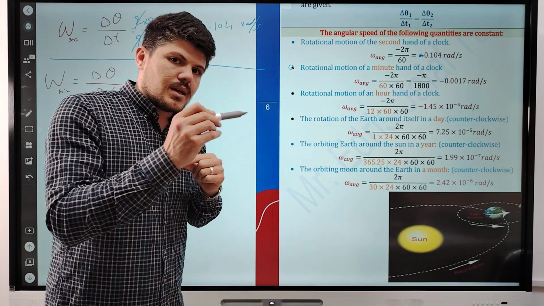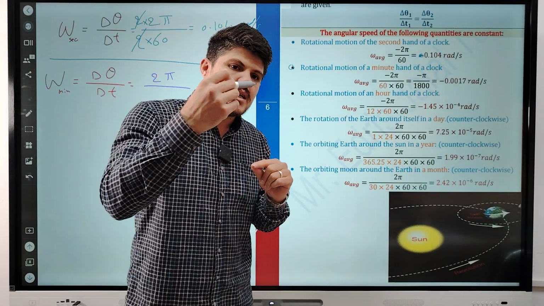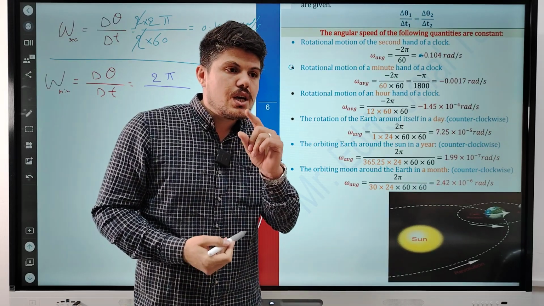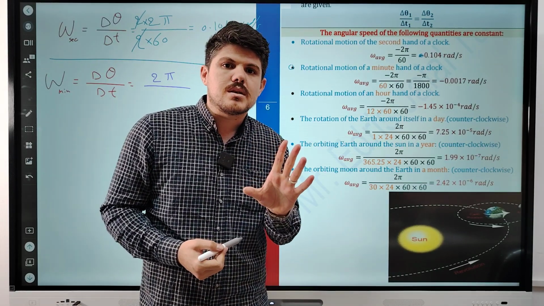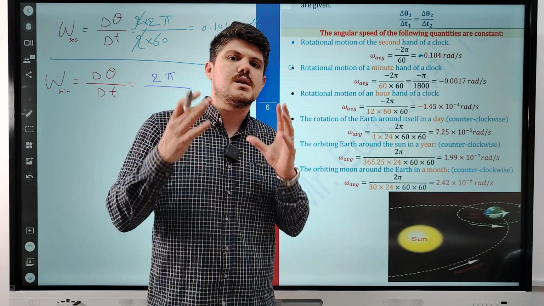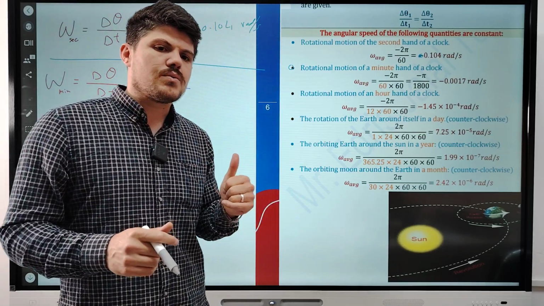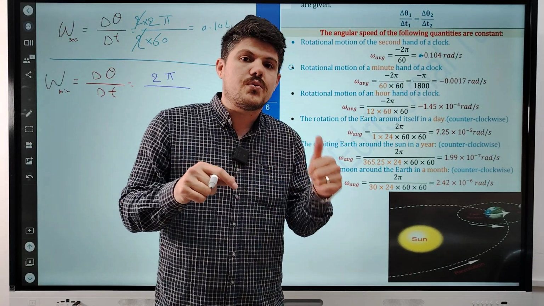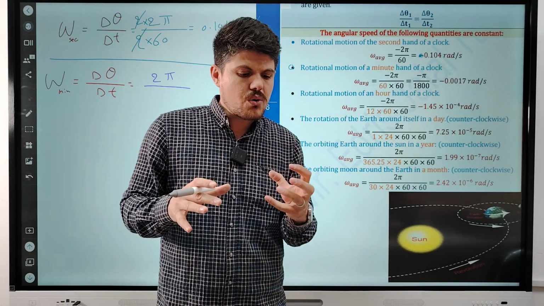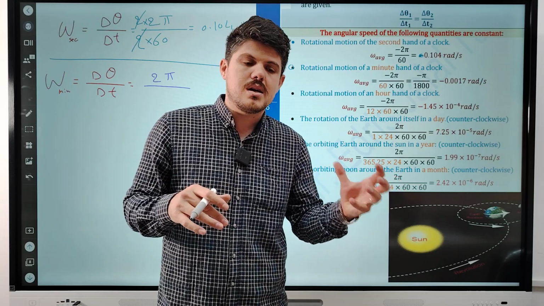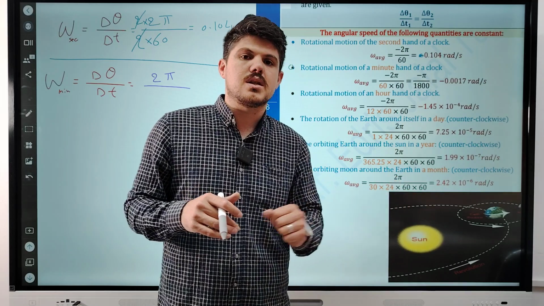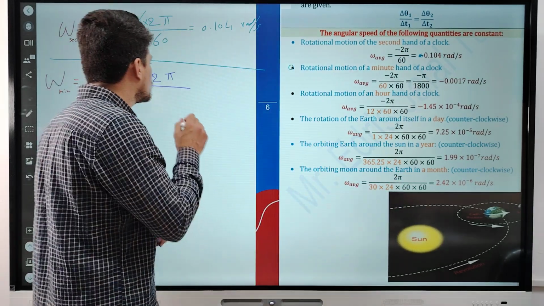How long does it take for the minute hand to complete 1 full cycle? It takes 60 minutes. Is it possible to solve the question with minutes? No. That is why you have to convert to seconds. How can you convert 60 minutes to seconds? By multiplying by 60. 60 minutes times 60 is equal to 3,600.